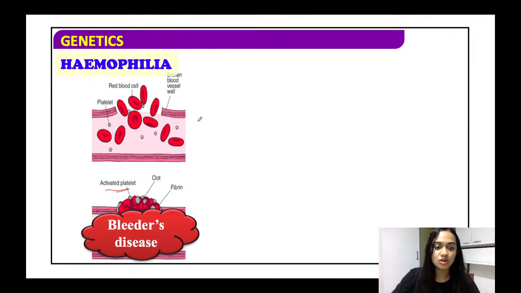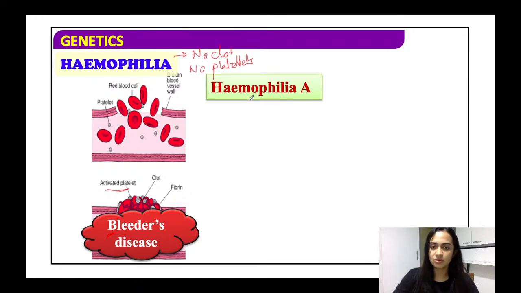But in the case of hemophilia, it is also known as the bleeder's disease. Why? Because the oozing out of the blood is not stopped. Because no clots form, that means no platelets, or there is no mesh-like formation by the thrombosin.